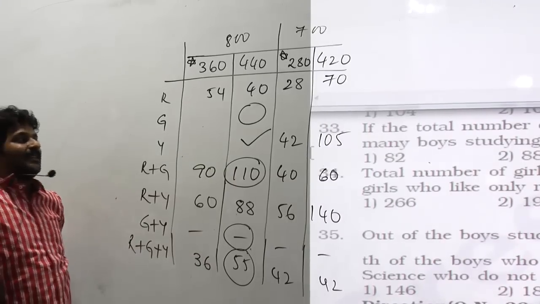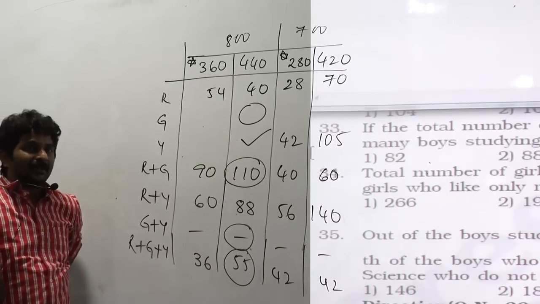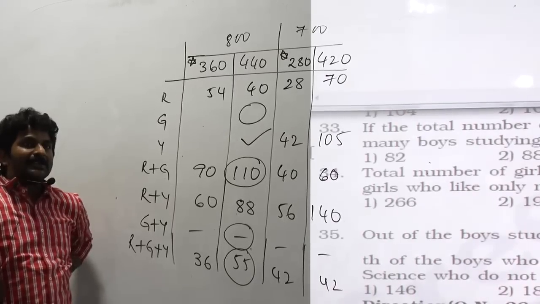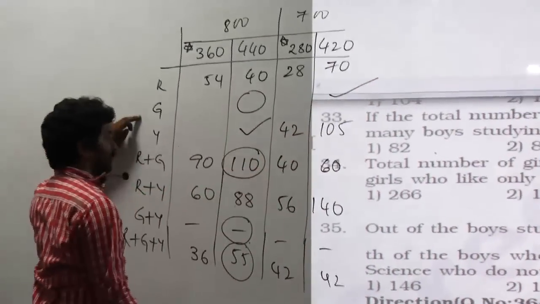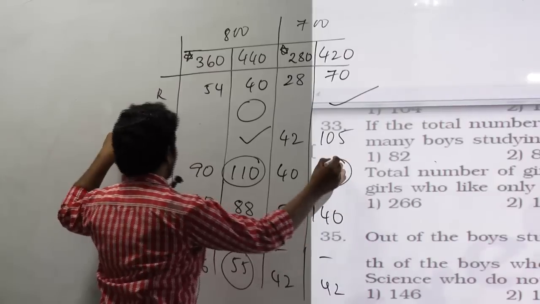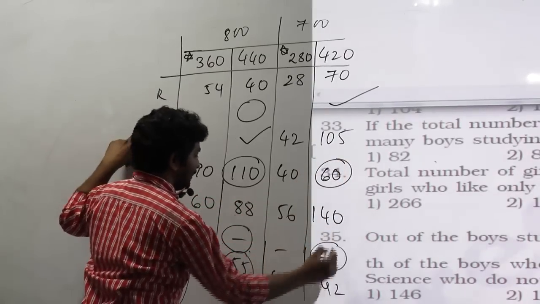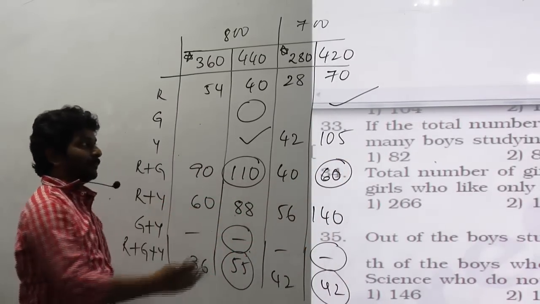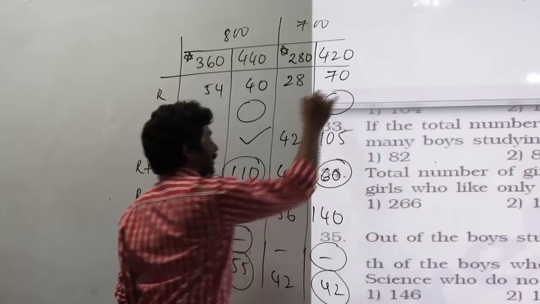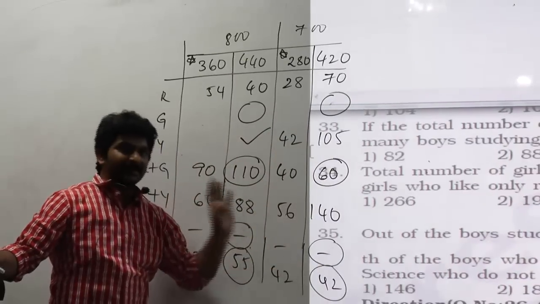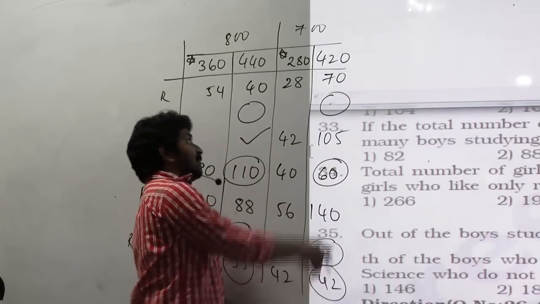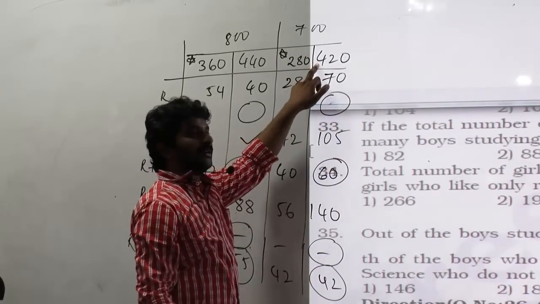How many girls like green color? Now green comes here, and that should be here, and then the last two rounded off numbers. I need the sum of these four numbers. And you know that the sum of all the numbers is equal to 420.